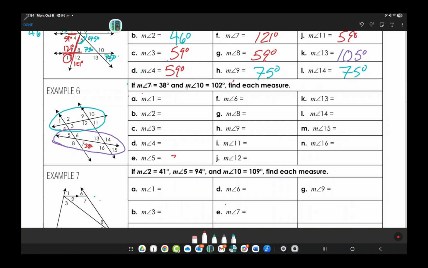That means angle 5 is 38 degrees, angle 13 is 38 degrees, and angle 15 is 38 degrees. But that doesn't mean anything for angle 1, 3, 9, 11, even though they're acute. They're not connected by that same transversal.